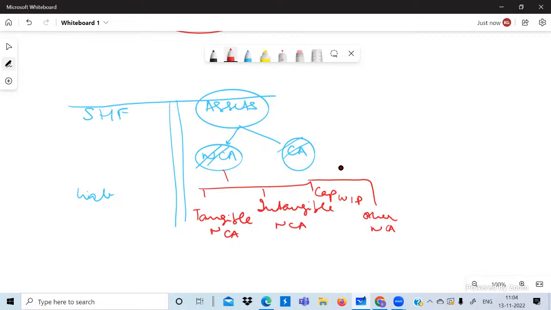Okay. Can any asset which comes under non-current asset change to current asset? Yes, it can change. For example, let's say you bought a car. That car was used for the last 5-10 years. When you bought it, it was a non-current asset. But now you intend to sell it off because the value has gone down and you're spending more on repair and maintenance.